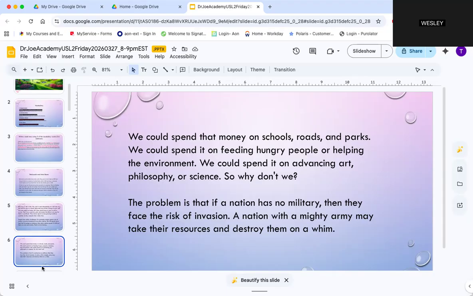So why don't we? The problem is that if a nation has no military, then they face the risk of invasion. A nation with a mighty army may take their resources and destroy them on a whim.